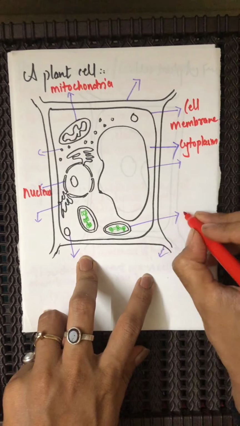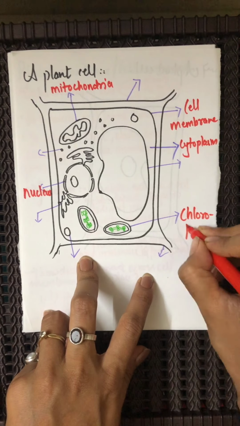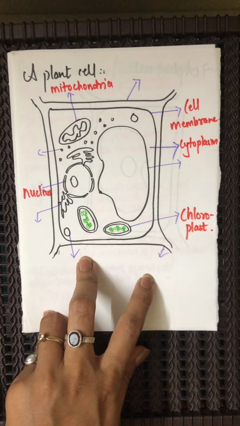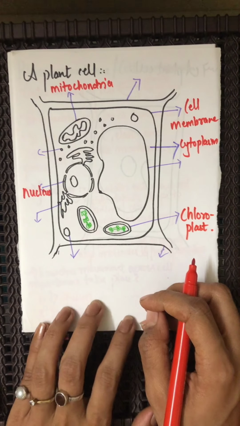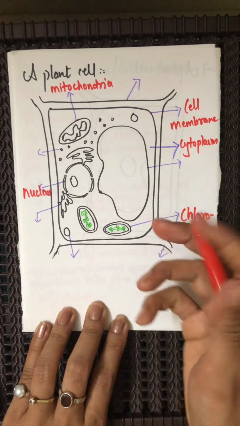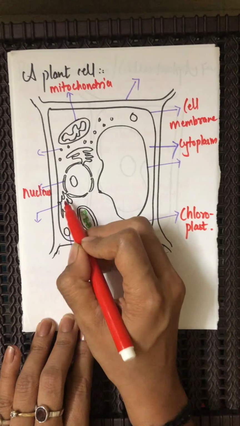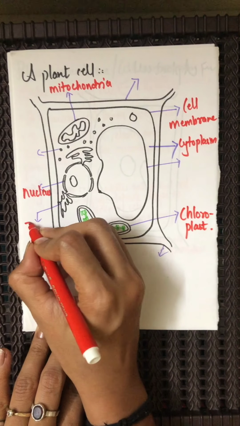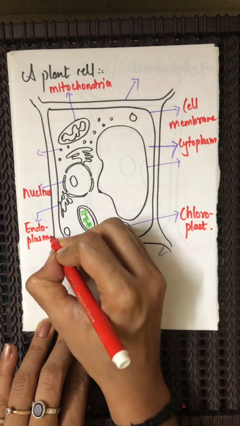And this structure is nothing but chloroplast, which is found only and only in the plant cell and not in the animal cell. Over here we have something common to both plant and animal cell. This is the convoluted structure, that is the endoplasmic reticulum.